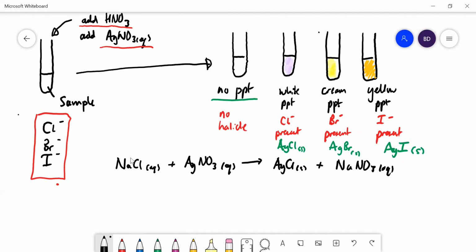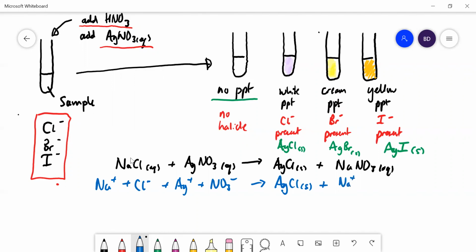So if I rewrite that as an ionic equation, you'll see Na+ Cl- Ag+ NO3- nitrate ion goes to AgCl. Now the convention is it's not in solution, so you don't split it up into the ions, you write it down as that. That is your precipitate. And you get Na+ and NO3- floating around.